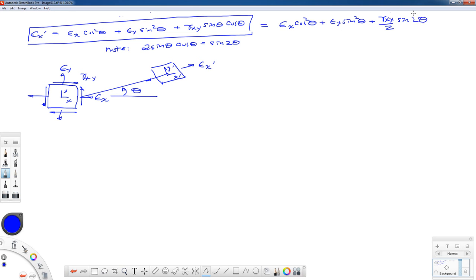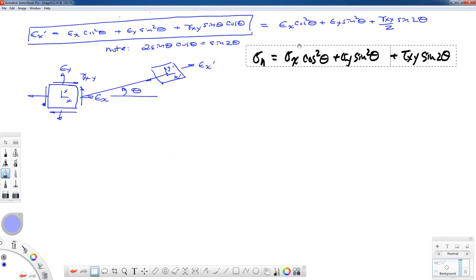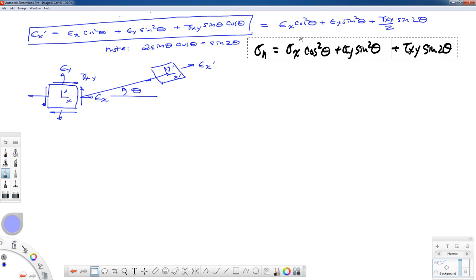And this looks a lot like an equation that we've seen before for stress. It's not exactly the same, but let me show you the stress transformation equation we got a little while ago. This was the stress at some angle. You can think of this as sigma x prime or sigma n, and it was sigma x cosine squared theta plus sigma y sine squared theta plus this tau xy sine 2 theta.